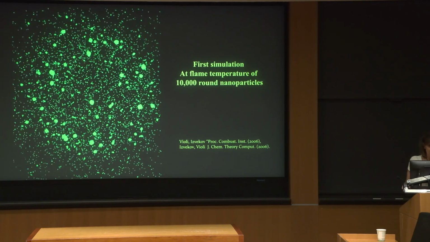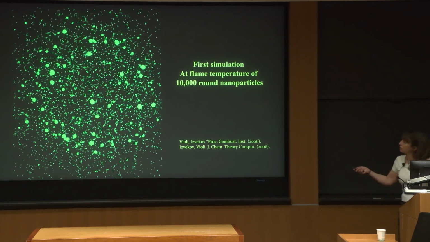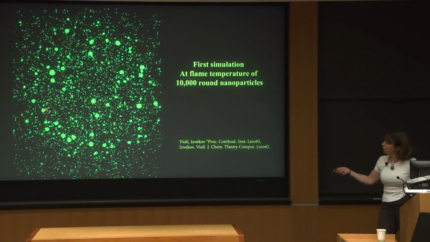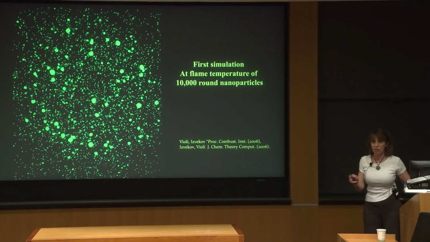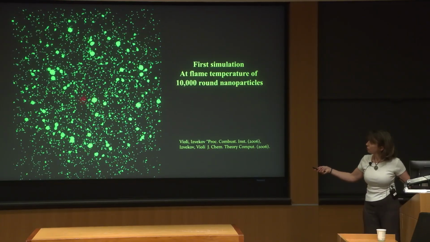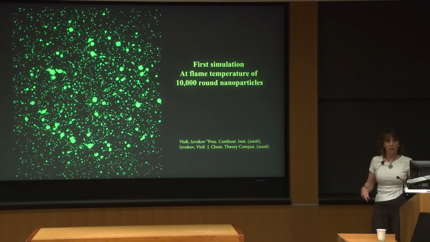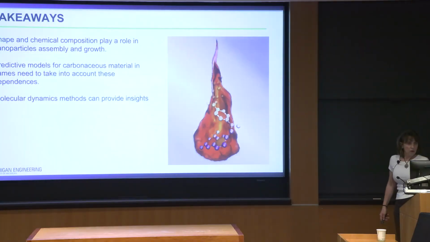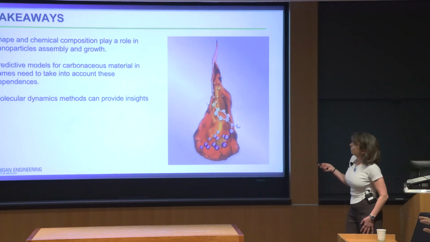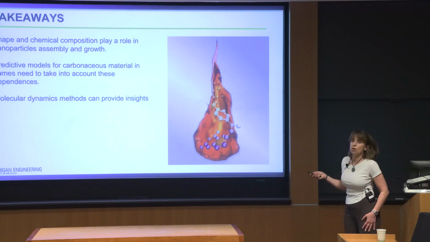You can also see there is something that is leaving the blob. You form the blob, but remember, this is all reversible, always. I told you it's very important. In some cases you're forming, but there are places in which you see some detachment over time. Main takeaways here: the shape and the chemical composition play a role also in nanoparticle assembly.